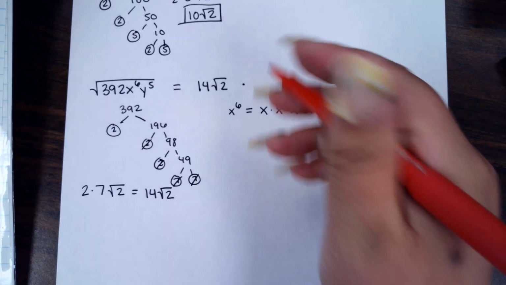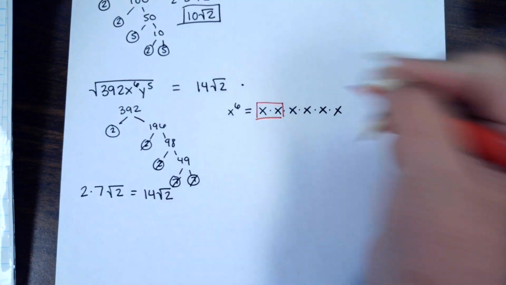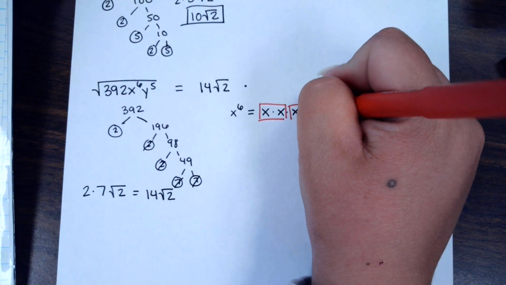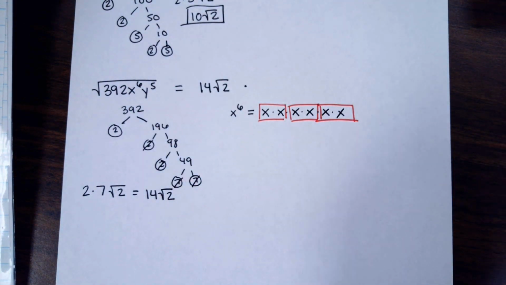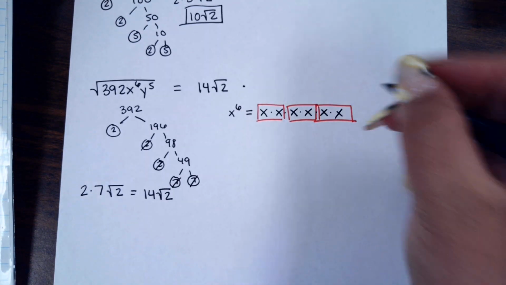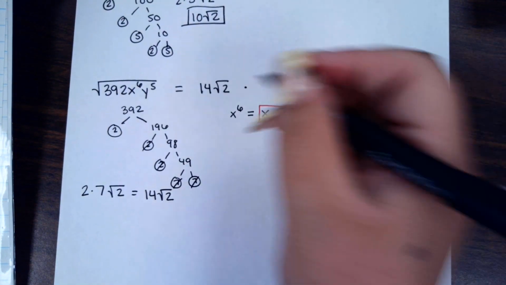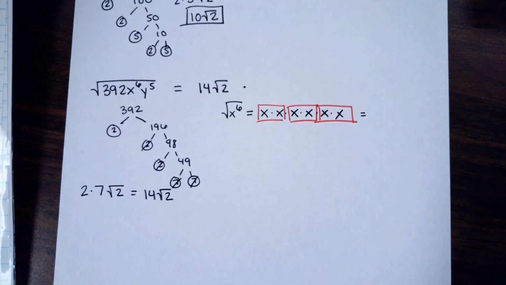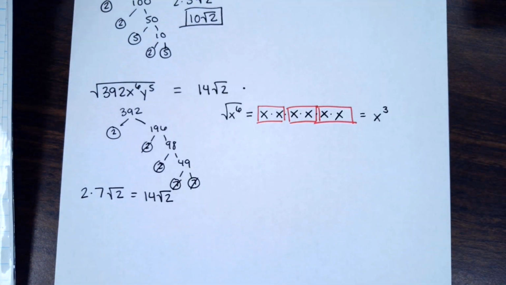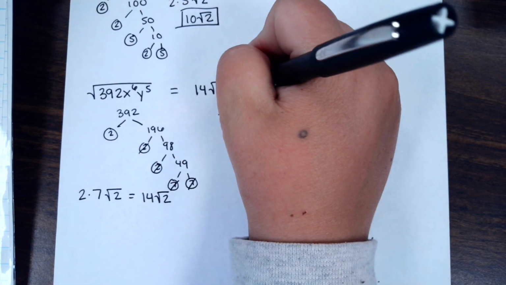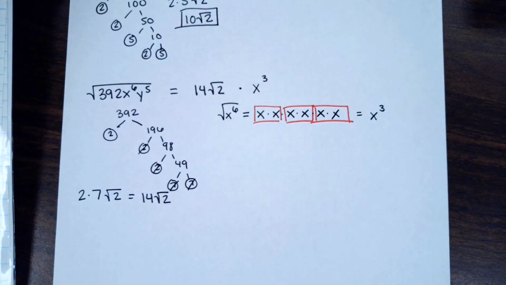So we've got pairs of x's, pair of x's, pair of x's. That means the square root of x to the 6th simplifies to x cubed. So I'm going to add that to our answer up here.